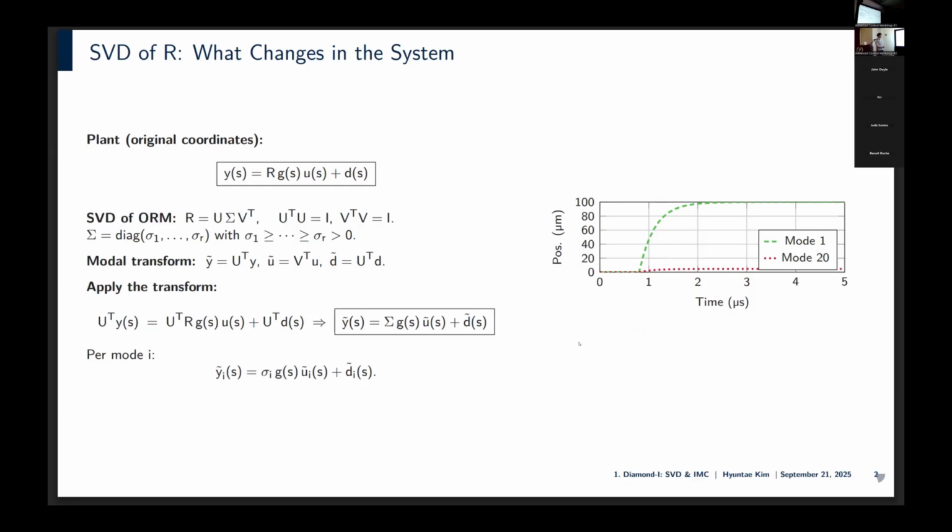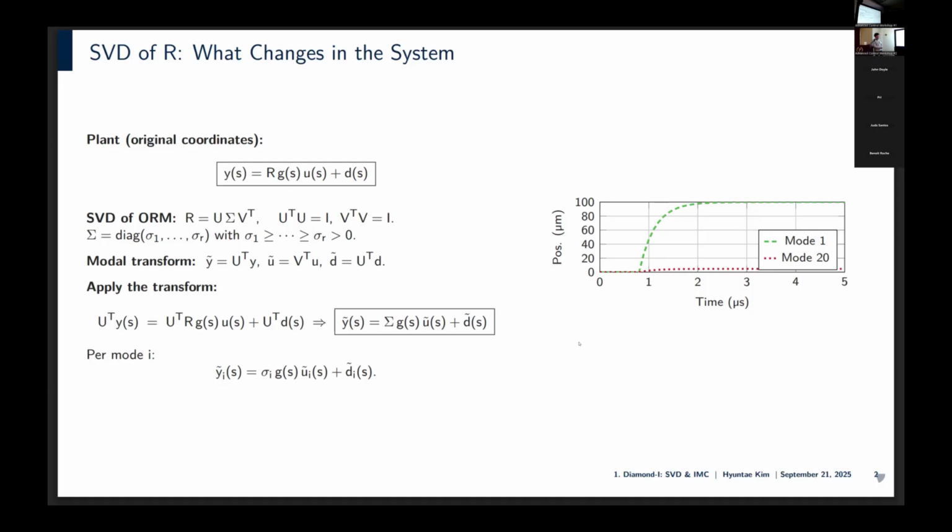If you think about this dynamics in each line, per mode i it is just a very simple SISO system: Y_i tilde is equal to sigma_i G U_i tilde plus D_i tilde. So each mode has its own SISO system, and we can easily design a controller for it.